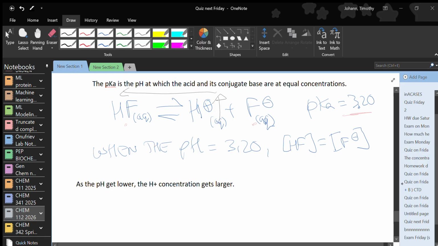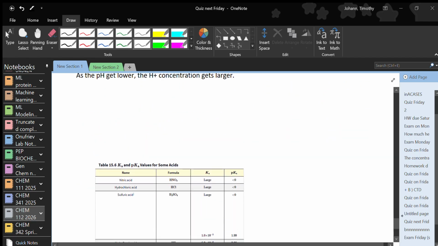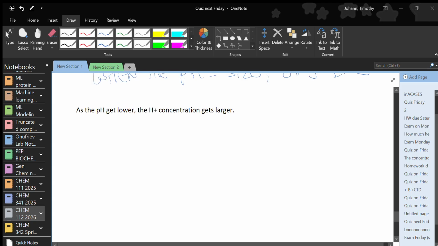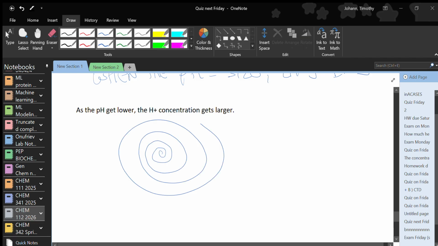Where is that useful? Well, in biology and biochemistry, we're concerned with proteins. If I draw a protein as a big spiral like this, in solution it has some sort of shape, and it might have some acids on the outside, some things that look like this.